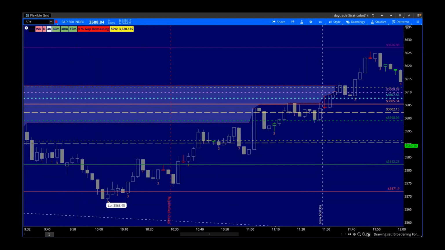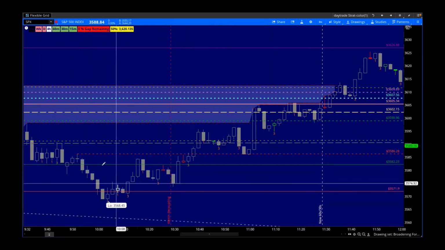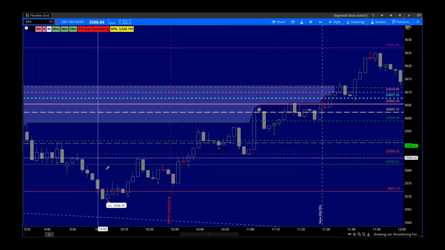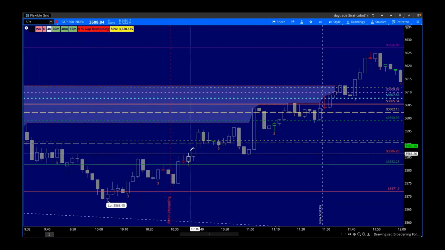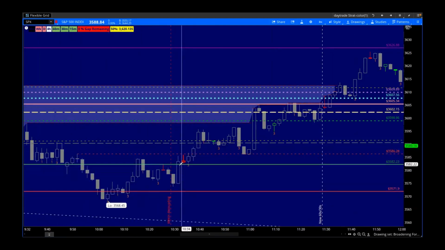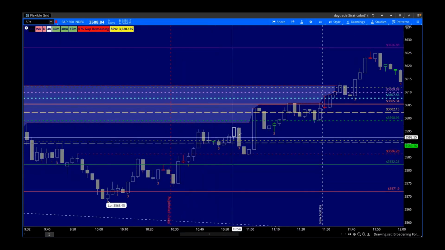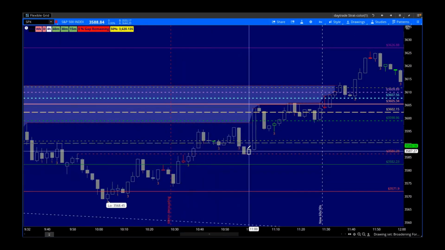Because then once you start seeing people come across that H crest, so they have created it, and I don't have to do it for this one because the H crest has been created right here with that broadening formation. For this one, you want to draw the area where the actual crest is, so that when they start coming back up and retesting, you're like, okay, you broke through, and then you came back and retested it again and took off.